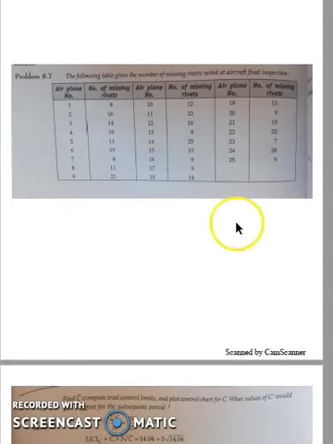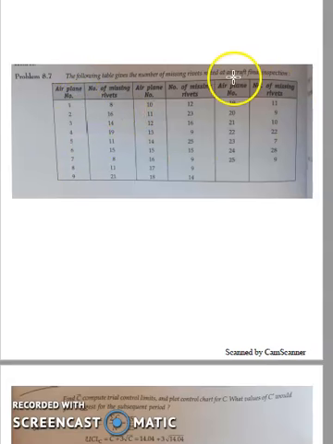Now we directly go to the second problem. Here is an inspection of an aeroplane, and the rivetings are carried out on each aeroplane. After inspection it is found that in aeroplane number 1, 8 rivets are missing. Aeroplane number 2, 16 rivets are missing.